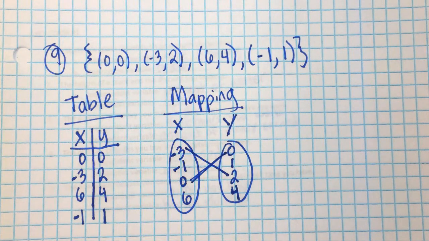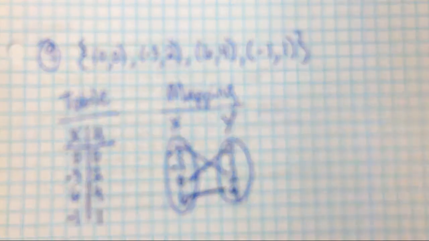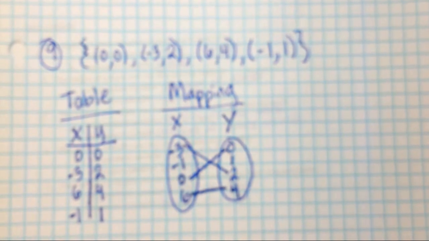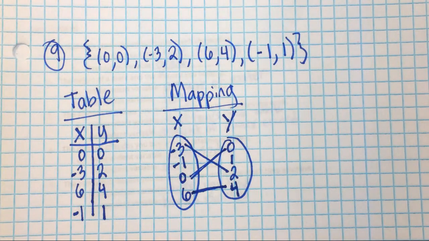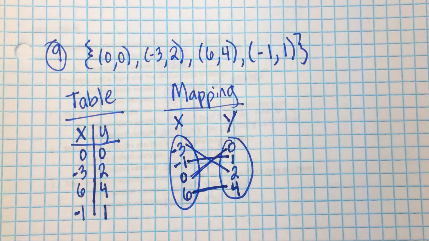I connect the 6 with the 4. And then the last point is -1, 1. I connect the -1 with the 1. Okay, any questions about that?